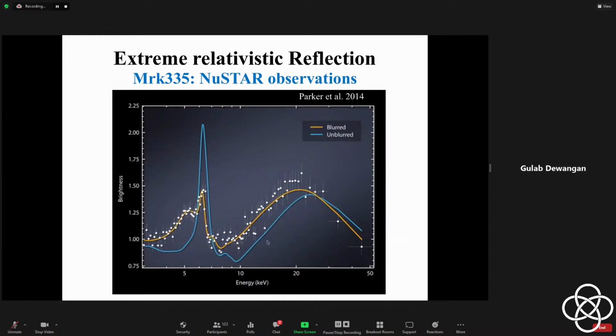The blue line is the model without the relativistic blurring, that is the unblurred model, while the yellow color is the blurred reflection model. And see how well this relativistic blurred model describes the data, both the iron line, the red wing, etc. So this is a definite signature of extreme relativistic reflection in the X-ray spectrum of active galactic nuclei.